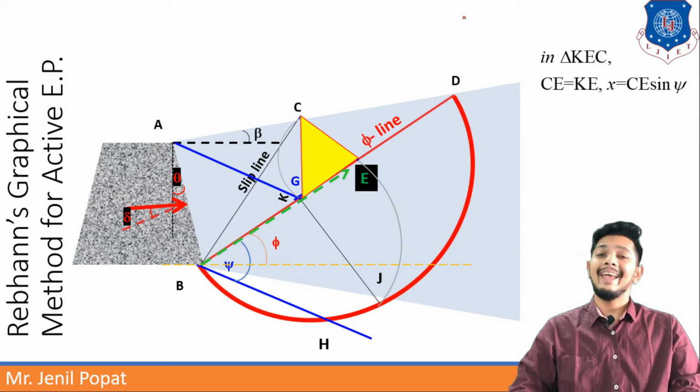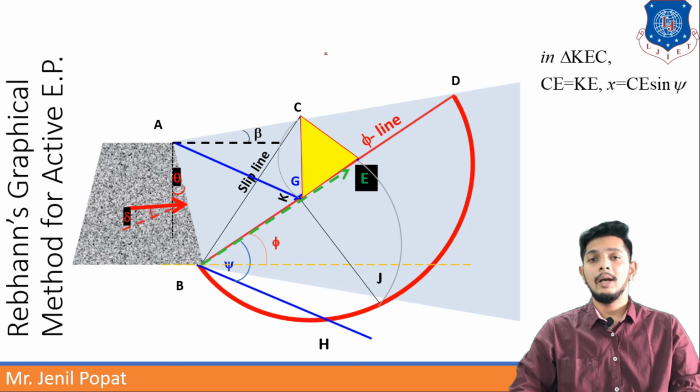What is X now? To calculate any triangle's area, I have to calculate 1/2 base into height. Now for this triangle, I have to draw a perpendicular from C to line BD. For that perpendicular, I will get the name X, and the value of X will be CE sin phi.